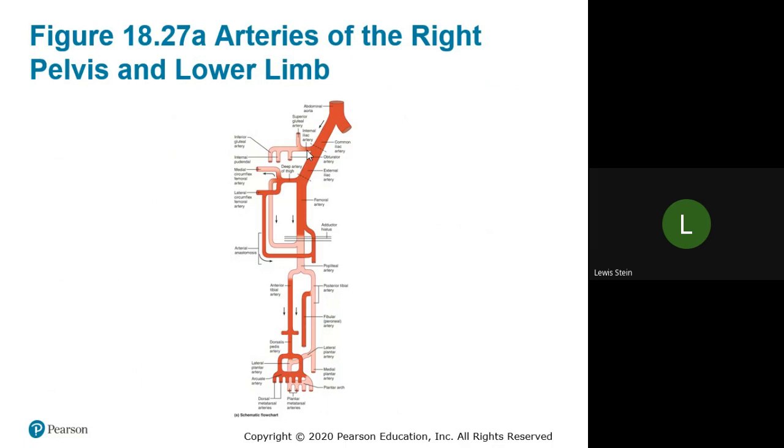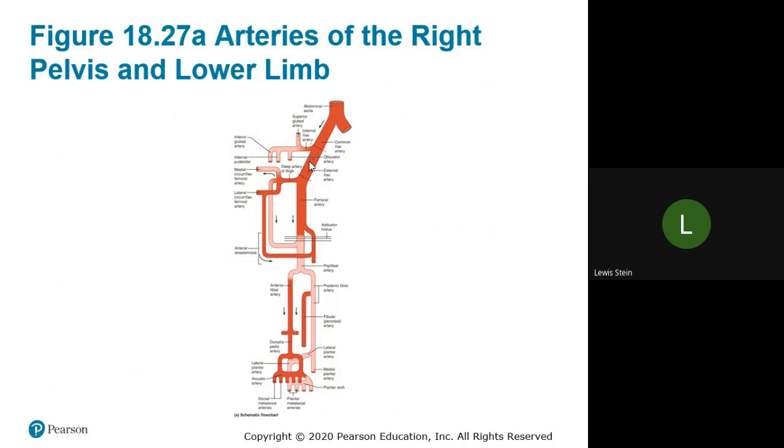If you want to think of the internal iliacs, think of the area that's more pelvic oriented, deeper in the pelvis, the lower part where you have reproductive organs, bladder, ureter, that type of stuff. That's part of there.